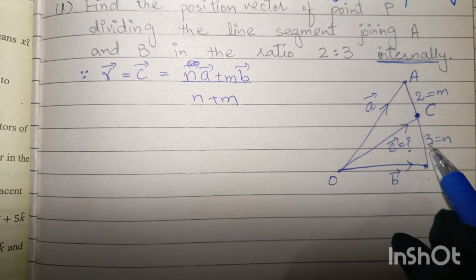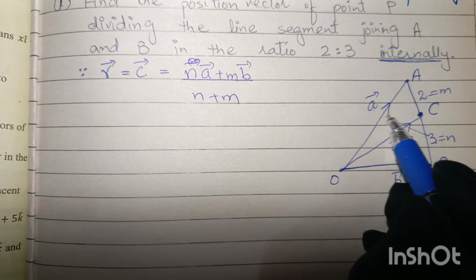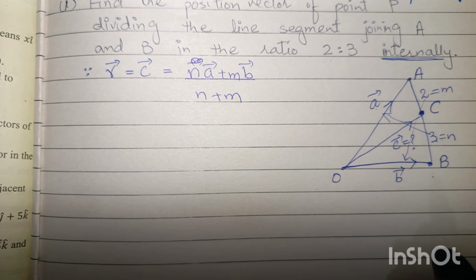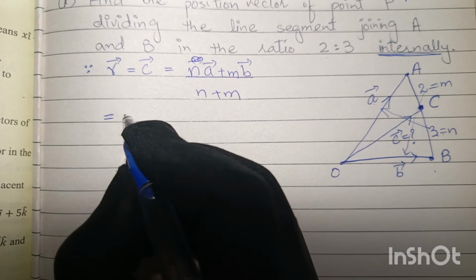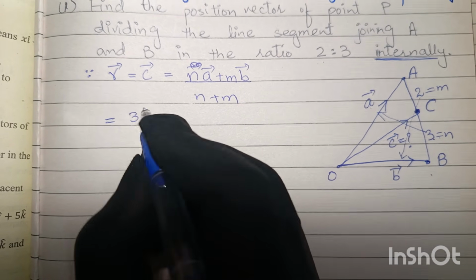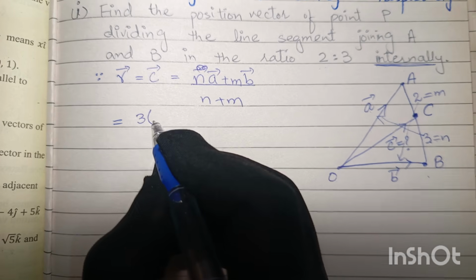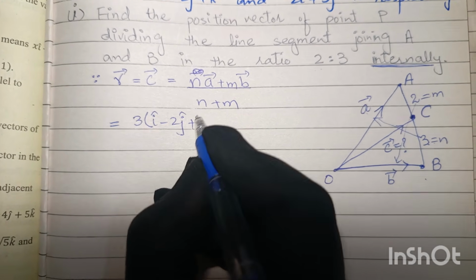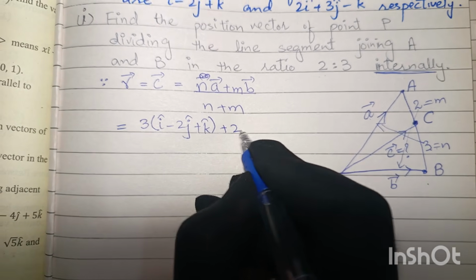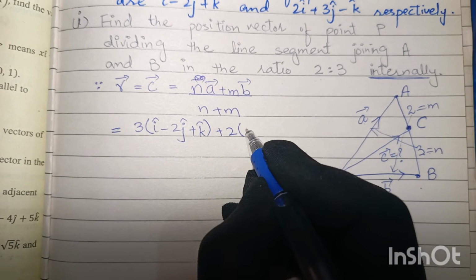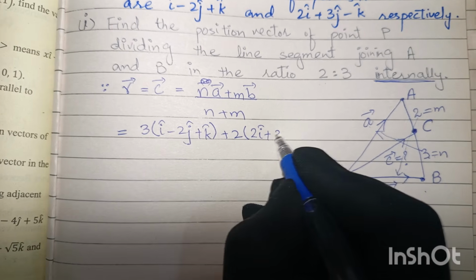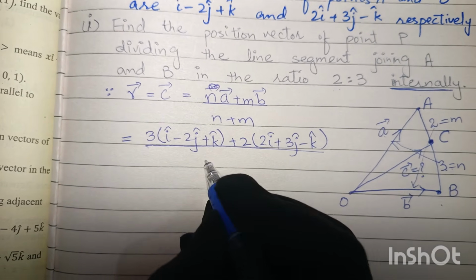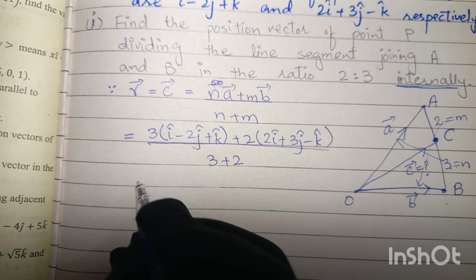You must keep in mind that the opposite number will be multiplied: nA, mB, and divided by n plus m simply. So now we will put the values. n is 3, A vector is i minus 2j plus k, m is 2 and B vector is 2i plus 3j minus k, divided by 3 plus 2.